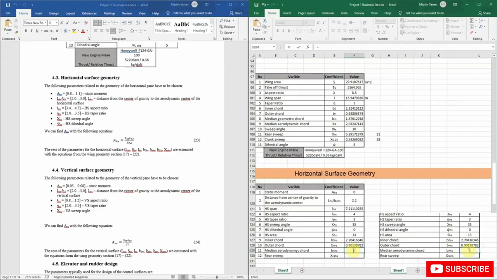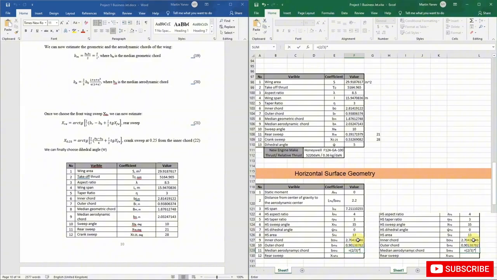And finally the median chord, and here we need to state that this is the median aerodynamic chord, will be equal to, in brackets, 2 divided by 3, multiplied by b0HS, multiplied by, in brackets, 1 plus ni plus ni squared. So this is the upper part of the equation, and I'm basically taking the same equation as the one used for the wing.